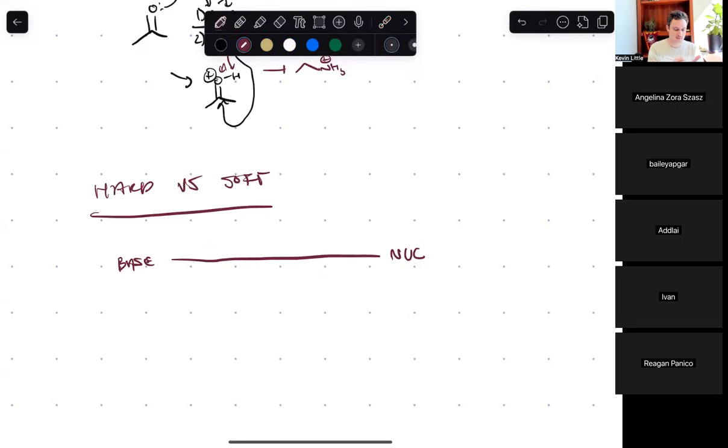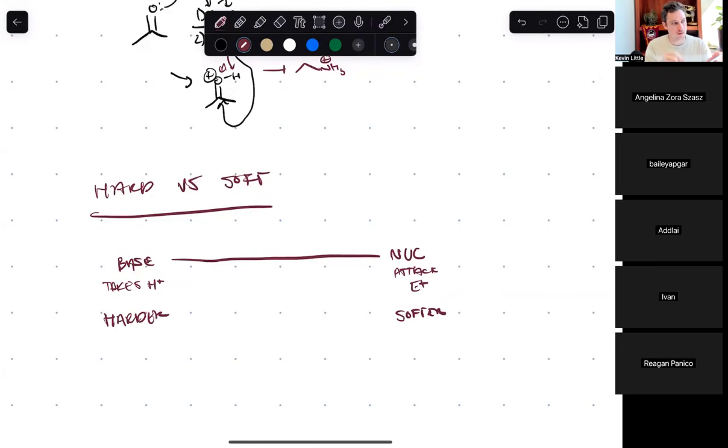A base usually takes protons, whereas nucleophiles attack electrophiles. So it just turns out that things that are softer tend to be more nucleophilic, and things that are harder tend to be more basic.